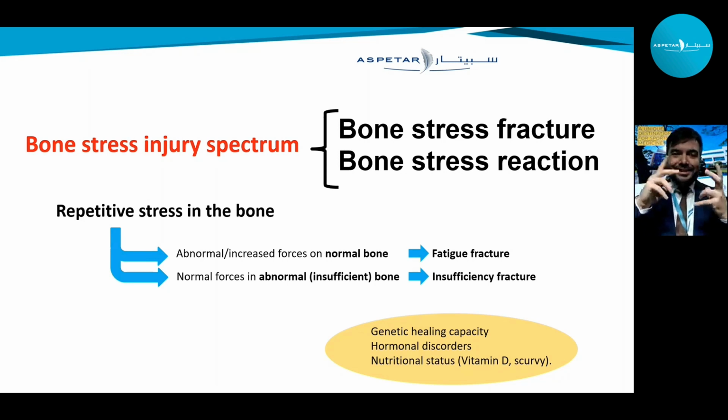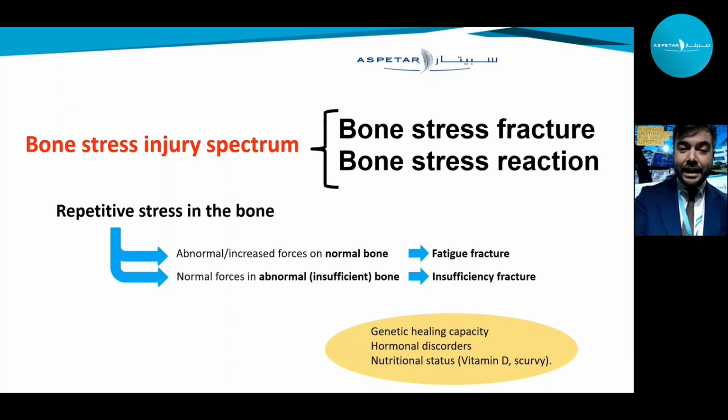However, this concept of normal bone is sometimes not that clear. Also, in our healthy athletes, there are some factors that can make the bone more or less prone to stress fractures and stress reactions.